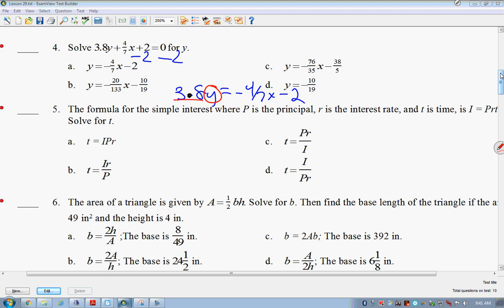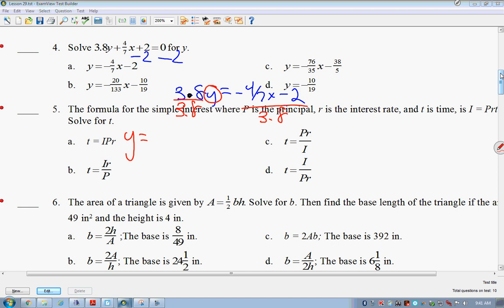Divide by 3.8, right? Okay. So we're going to get y equals, and this may take a little bit of an effort, -4/7 divided by 3.8. And it looks like we're going to end up with a fraction there.